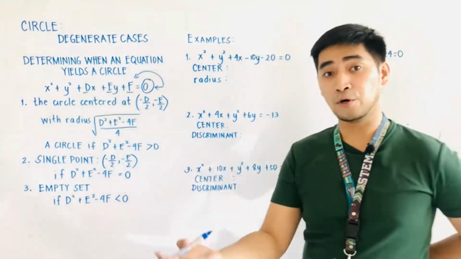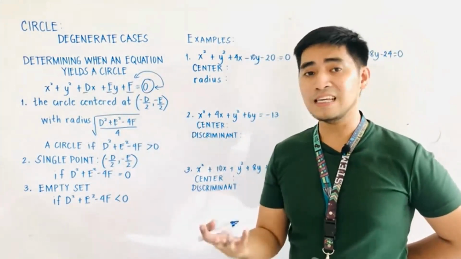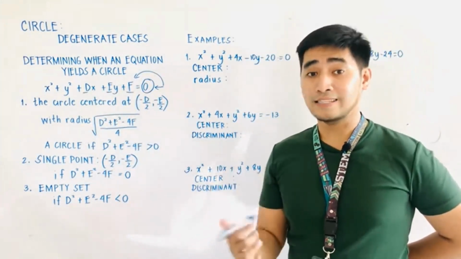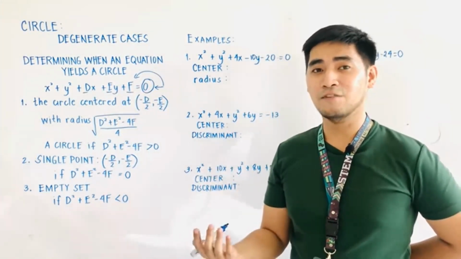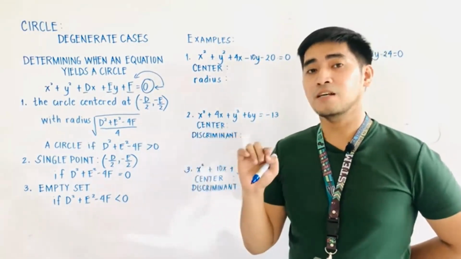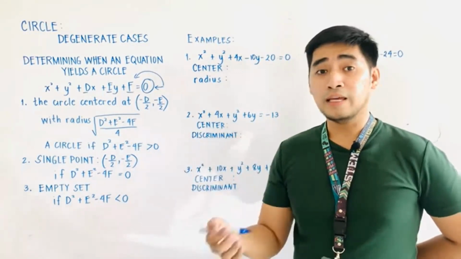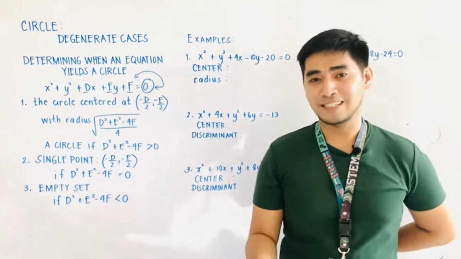So why is it important? Why are D and E important in this equation? Because D and E will define the center of the circle. Again, if you're given this general form of the circle, the values of the coefficients of x and y will play an important role in determining the center of our circle.